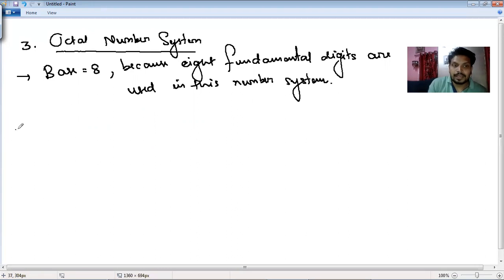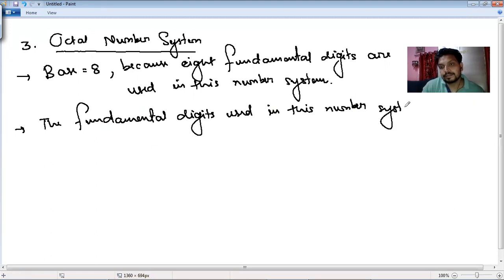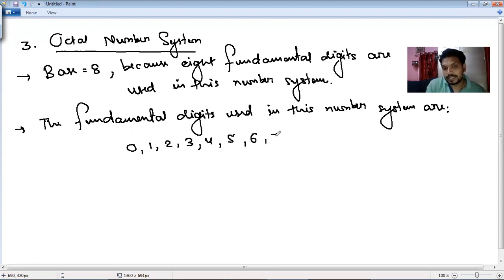The fundamental digits used in this number system are 0, 1, 2, 3, 4, 5, 6, and 7.